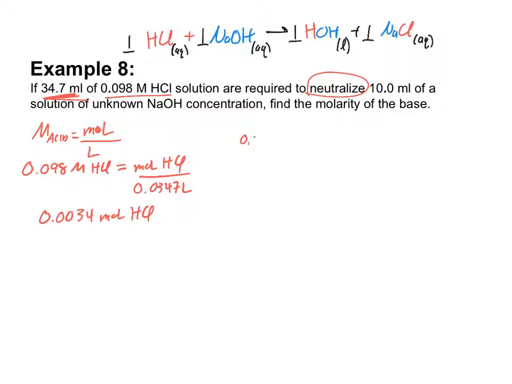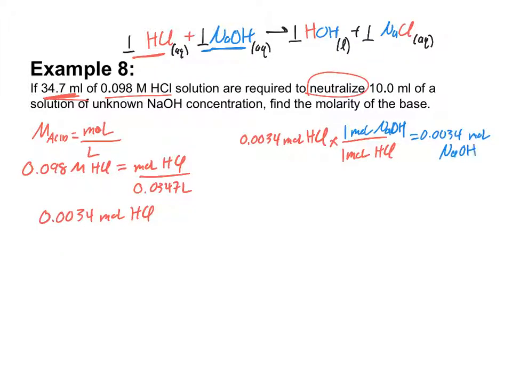I'm going to take the 0.0034 moles of hydrochloric acid, and I'm going to note that the mole ratio is 1 to 1 up here, so I'm going to have 1 mole of hydrochloric acid for 1 mole of sodium hydroxide, and hopefully we will be able to easily see that the number of moles of sodium hydroxide present here is 0.0034 moles of NaOH.